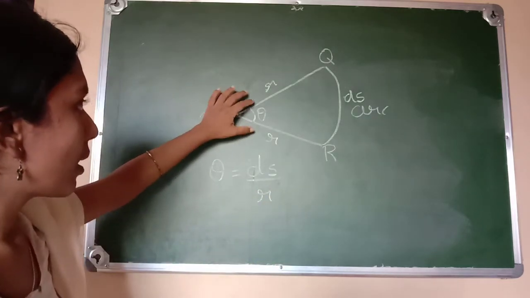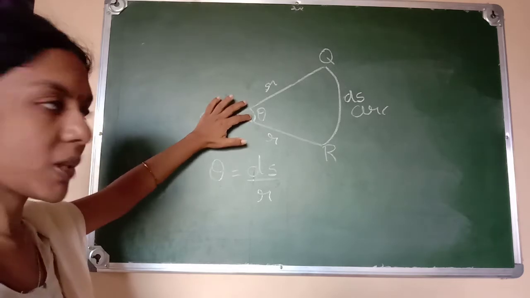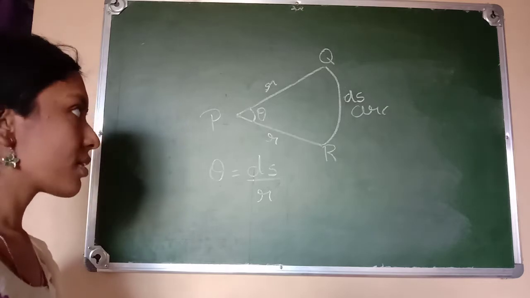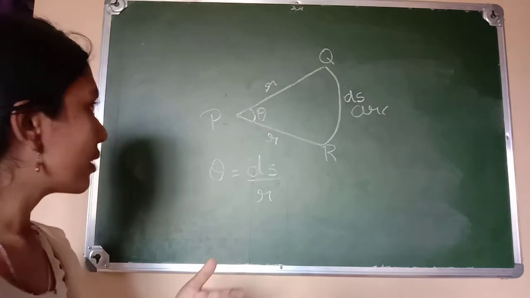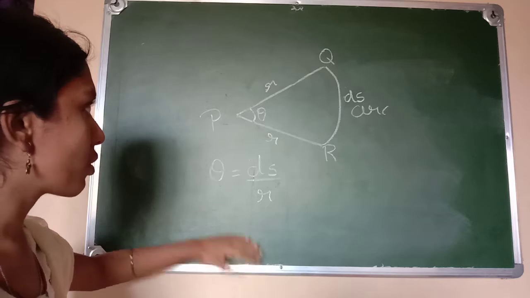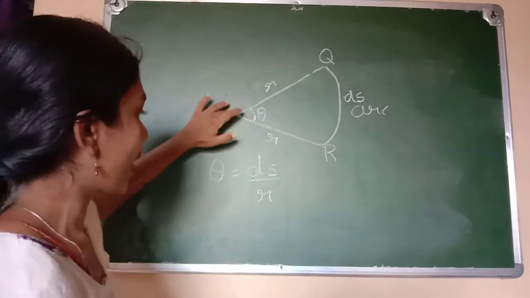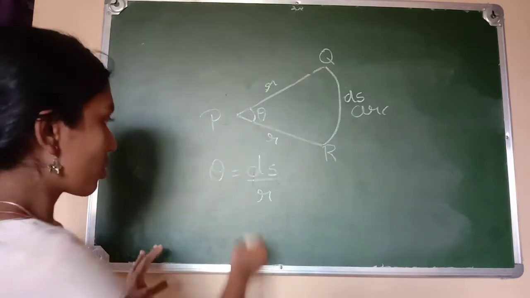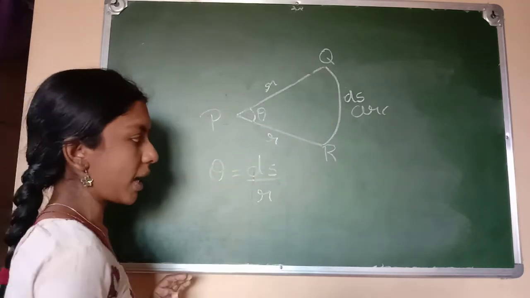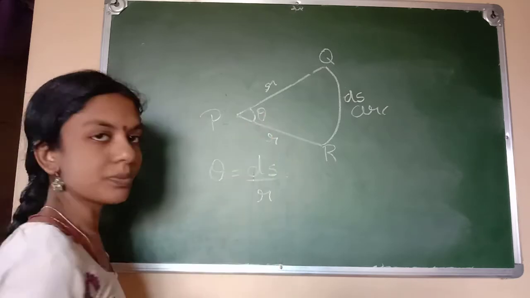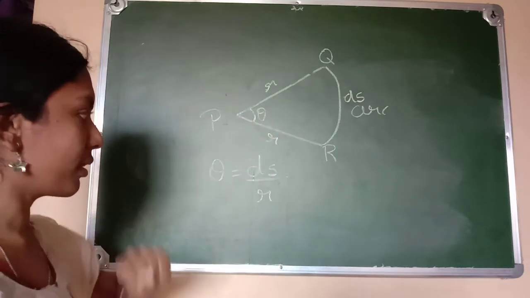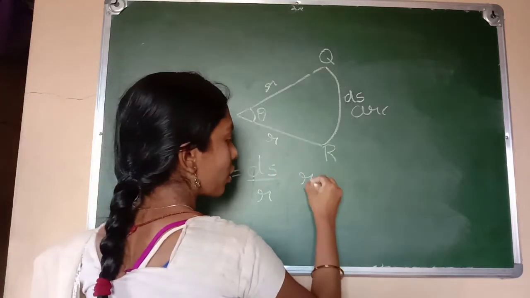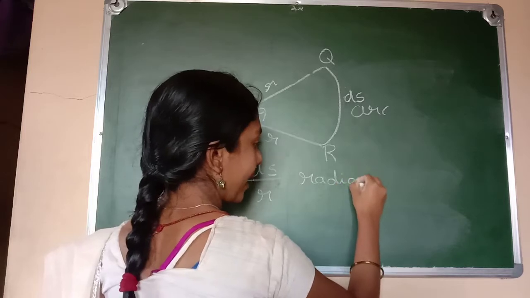So the angle of the two radii, if you do not have a protractor, you just have a meter scale or something in which you can measure meters, then you can say this is the method you can use. So you can measure what is the radius r, and you can measure what is the length of this arc ds. So theta is equal to ds by r gives you the angle between the radii, and this angle is denoted by a unit called radian.